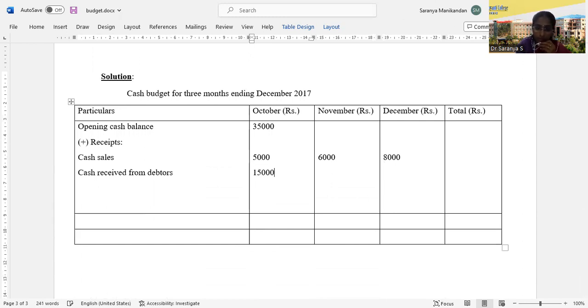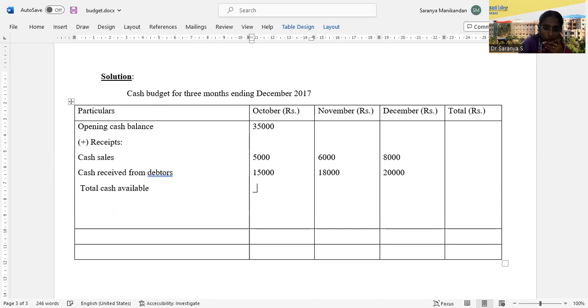15,000, and for the month of November 18,000, and for the month of December 20,000. So this is our only receipt. After recording the receipt, we will write the total cash available or availability of total cash. So this is nothing but total of it.